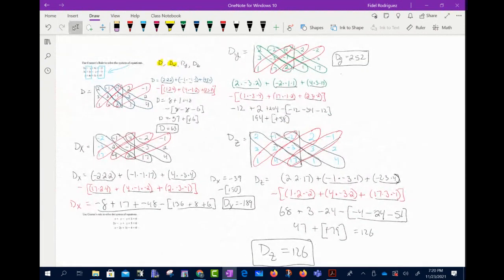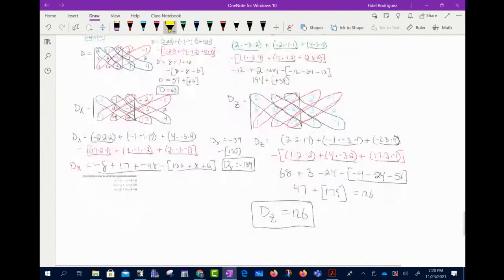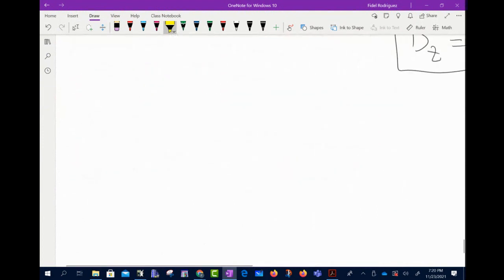Okay, so now let me show you what I'm going to do. I know I zoomed out a whole lot. I'm going to write the values that we got earlier. So D was 63.